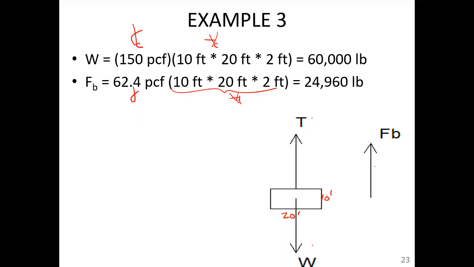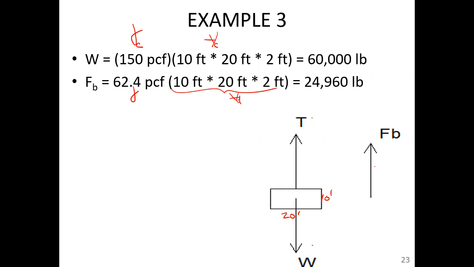It's all underwater. So you can see in this case that the weight of 60,000 pounds is greater than the buoyant force of 24,960, almost 25,000 pounds. And that's why this concrete panel would just sink and it would go right to the bottom. And the difference between those two is the weight that the bottom would be supporting for this panel.